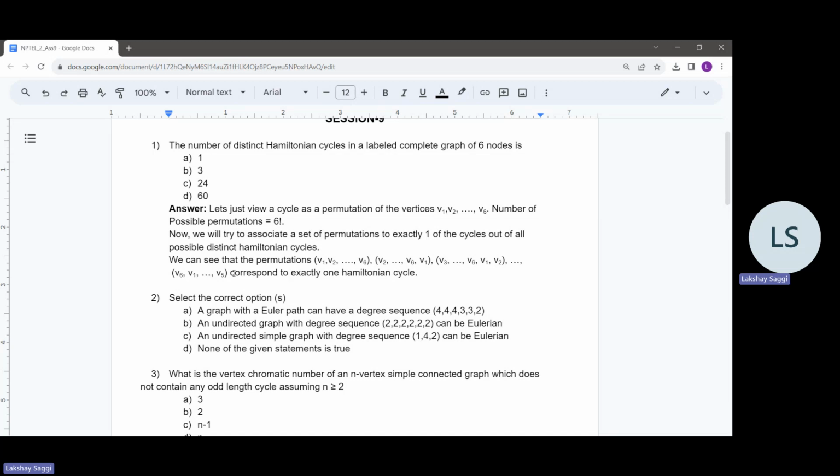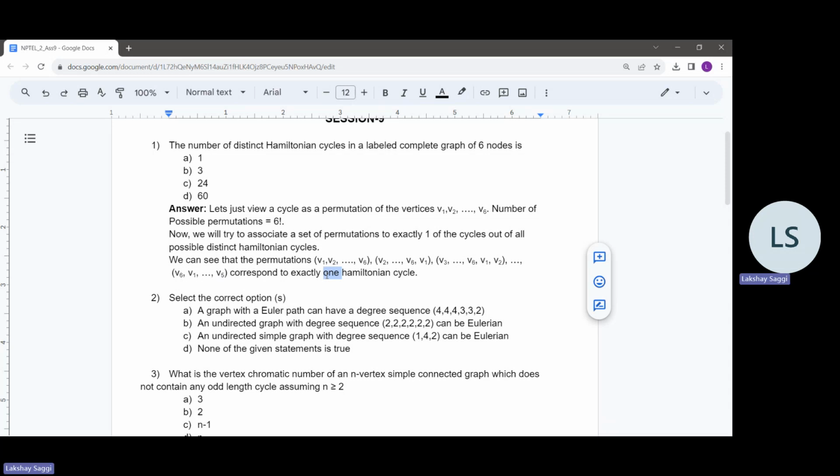So there were earlier 6 factorial possible permutations, but we must have seen this sort of thing in cyclic permutations. This is the same concept: all of these permutations will correspond to the same cycle, and these are 6 permutations. So the number of permutations was 6 factorial, but at least 6 of these permutations correspond to one cycle and not more than one.